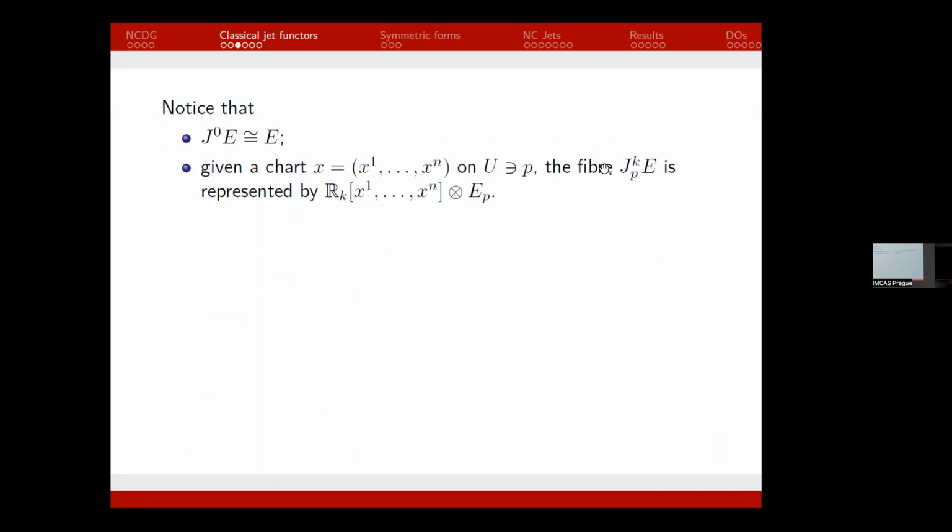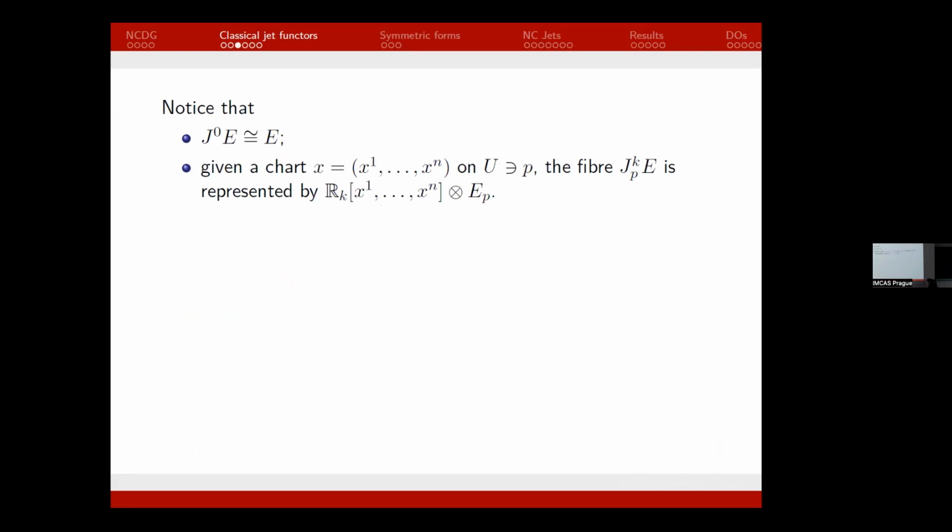Okay, a few properties. Notice that J0E is E itself. This is because the zeroth order approximation of a function is the value of the function itself. So given a section, the section will be mapped to its value, and that realizes the isomorphism.